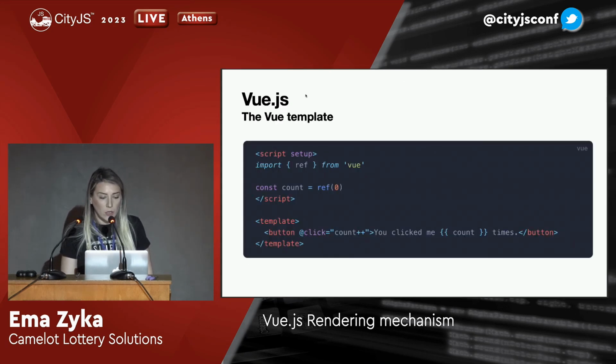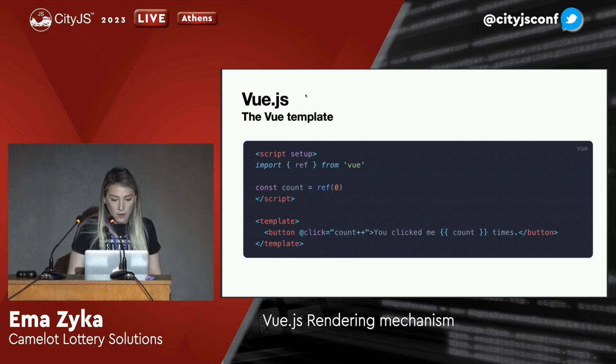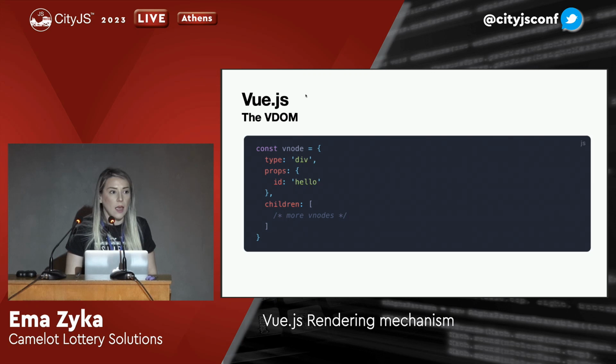But in the virtual DOM, in Vue specifically, when we have a template, right now we can see a Vue template and not an HTML static page, we would have something like that. It's just a button, could be anything, of course, a very small component. The virtual DOM represents it by using objects.